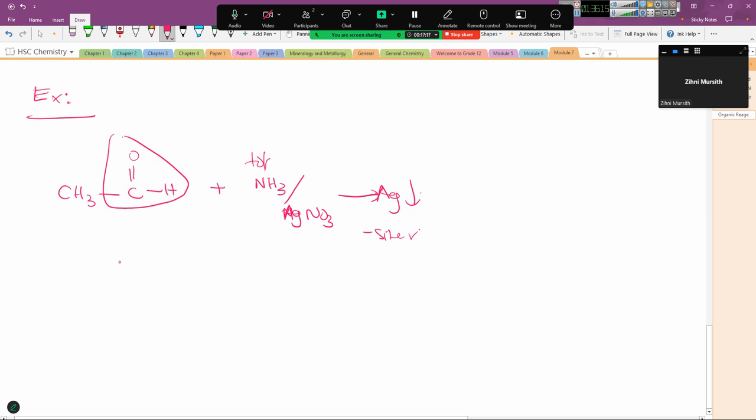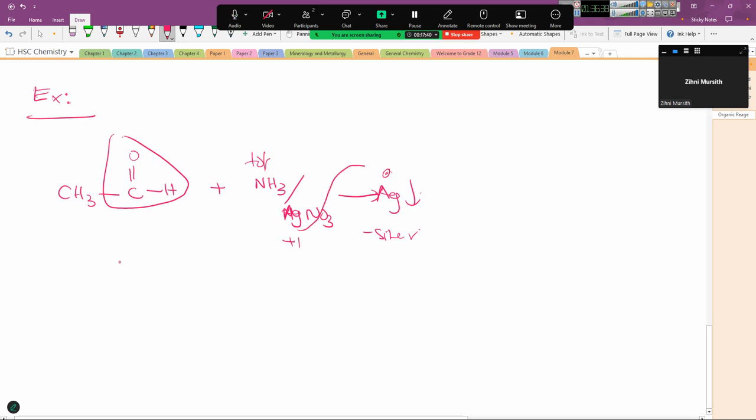I told you this is a redox reaction. What's the oxidation number of Ag on the reactant side? It will be plus 1, and here it's 0.